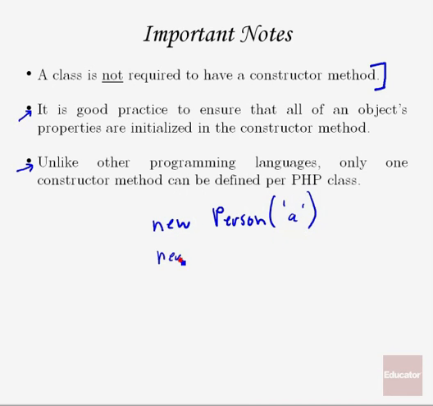So you could maybe have two constructors, one that takes one parameter and one that takes two. Well, in PHP, that's not allowed. So for those of you that are familiar with that in other languages, that's not something that you can do in PHP.